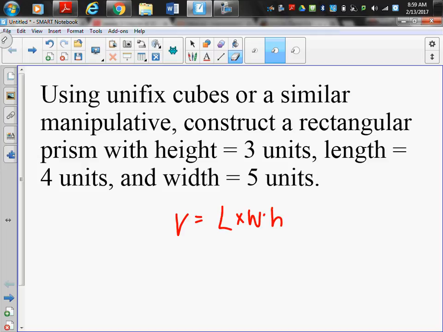Now, what do we know the relationship is between a rectangle and a triangle? What is the relationship between a rectangle and a triangle?